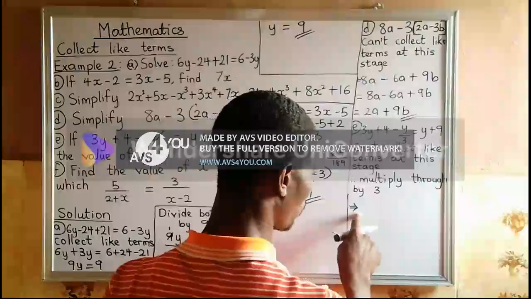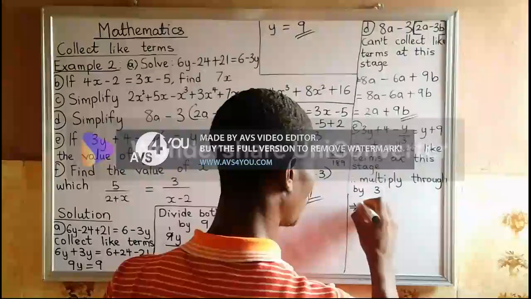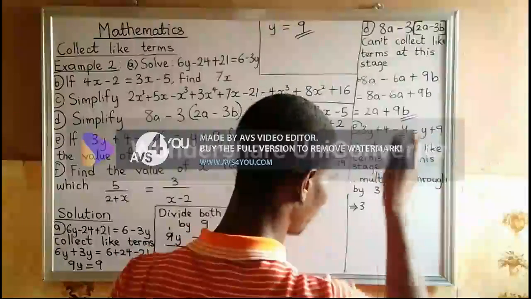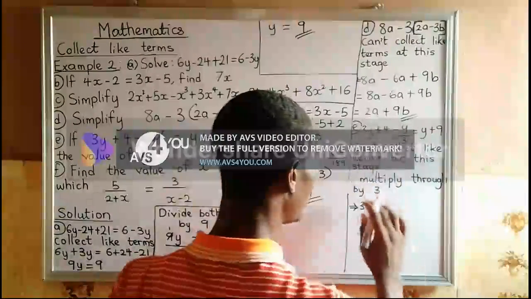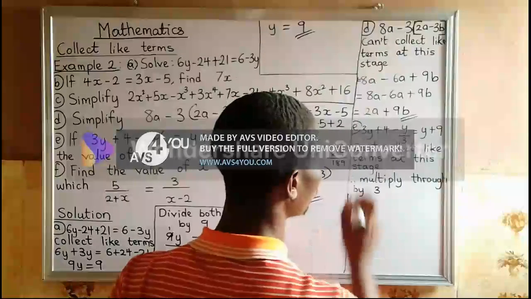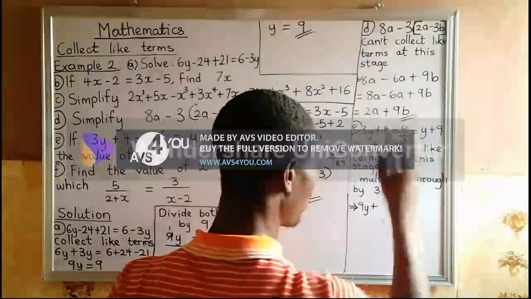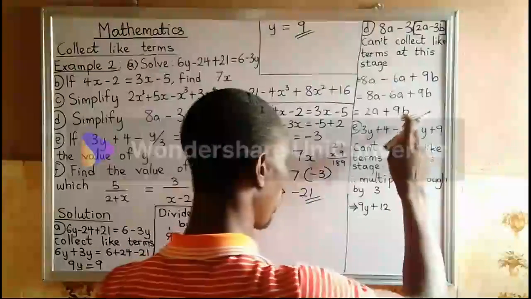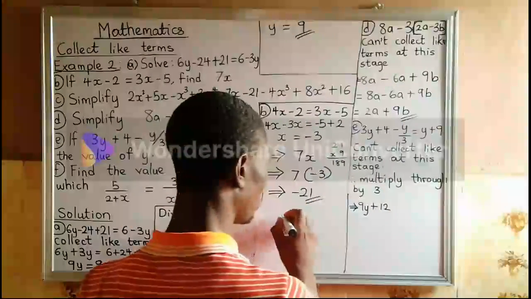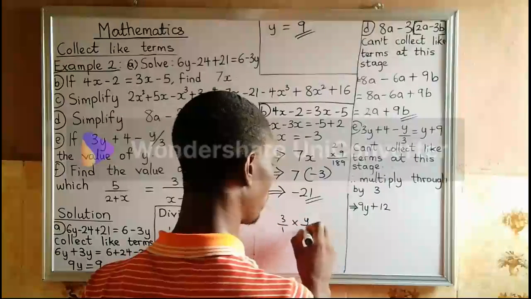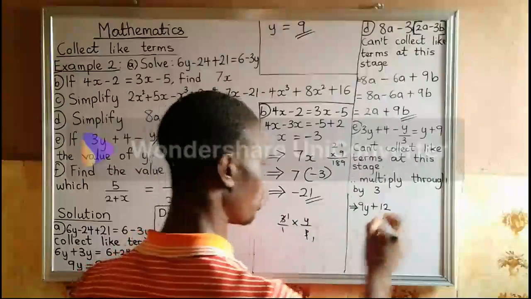So 3 times 3y, that's 9y, plus 3 times 4, that's 12, then minus y all over 3 times 3, or 3 all over 1, 3 times y all over 3: 3 here 1, 3 here 1, so it remains just y.